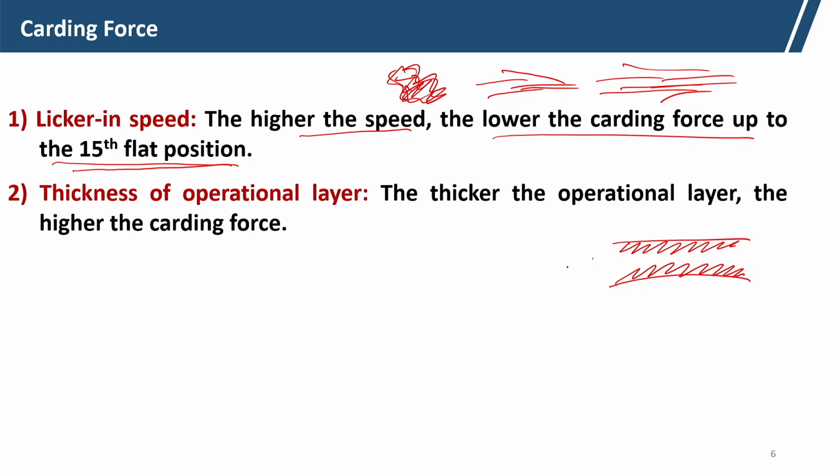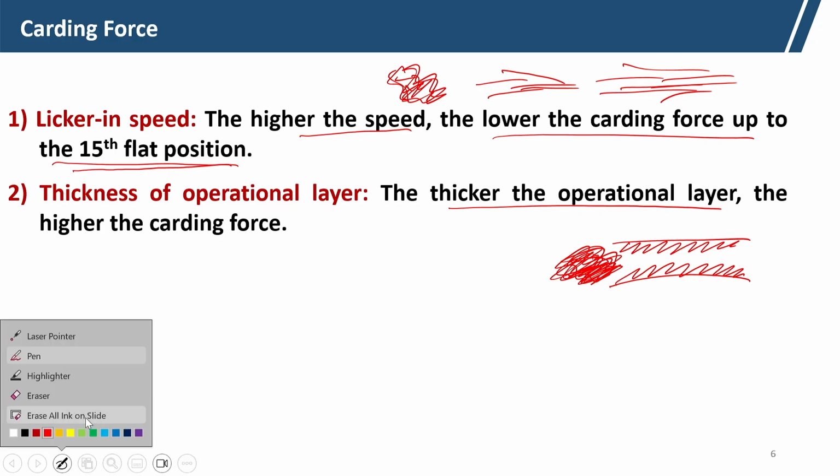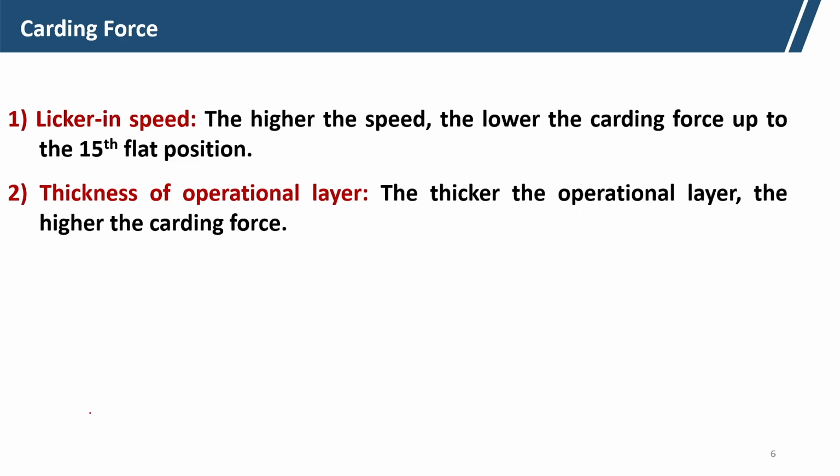If there are more fibers, thicker operational layer means more number of fibers, and that requires higher force. So, for a thicker layer higher force is required, because more fibers are there.